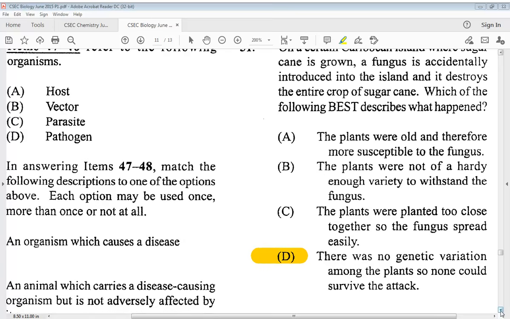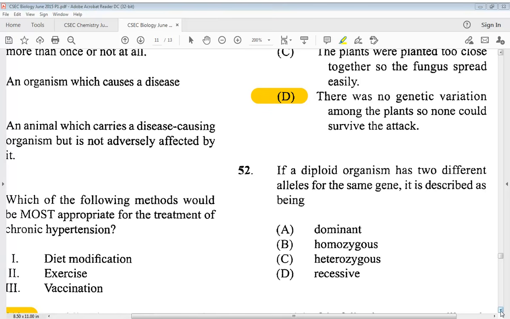Let's go to 52. If a diploid organism has two different alleles for the same gene, it is described as being, so the answer for 52 is B. Sorry, that's not correct.